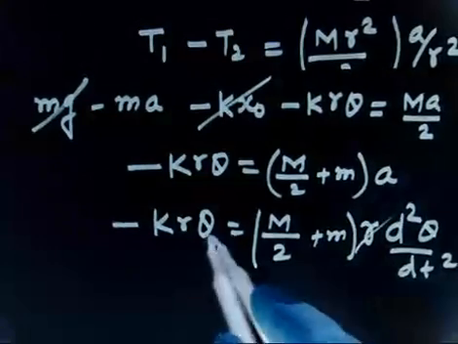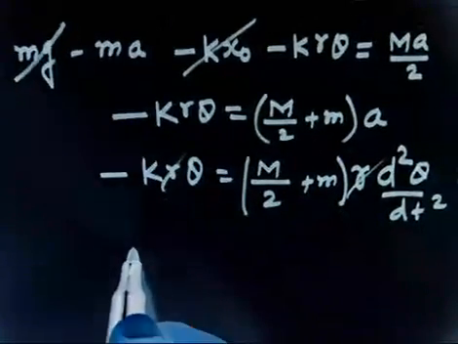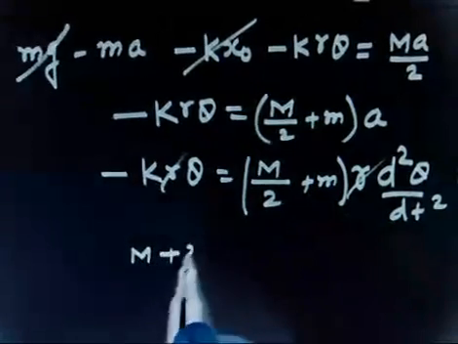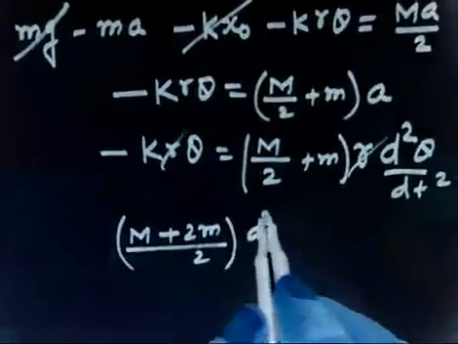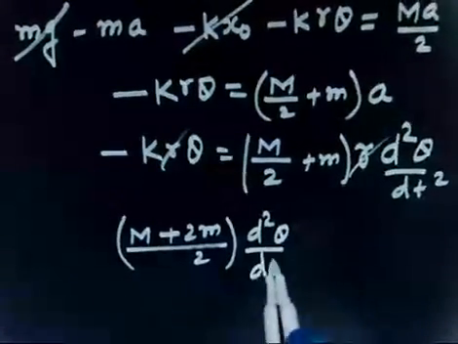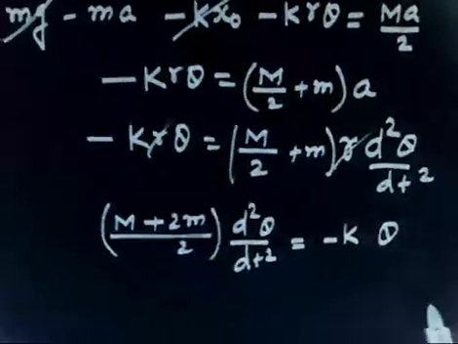So r cancels, and we have (m plus 2m by 2) into d2 theta by dt square, equal to minus k times theta.